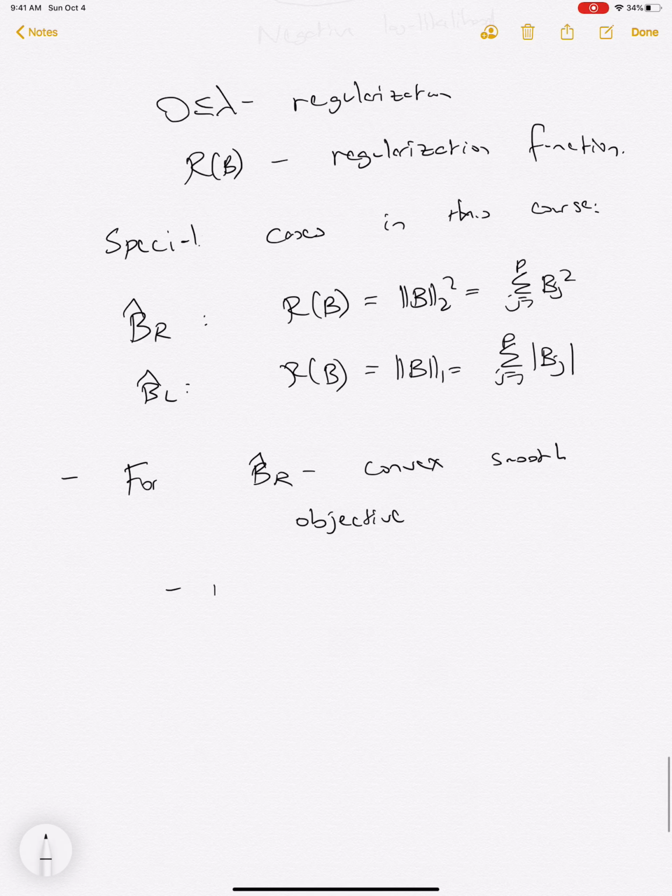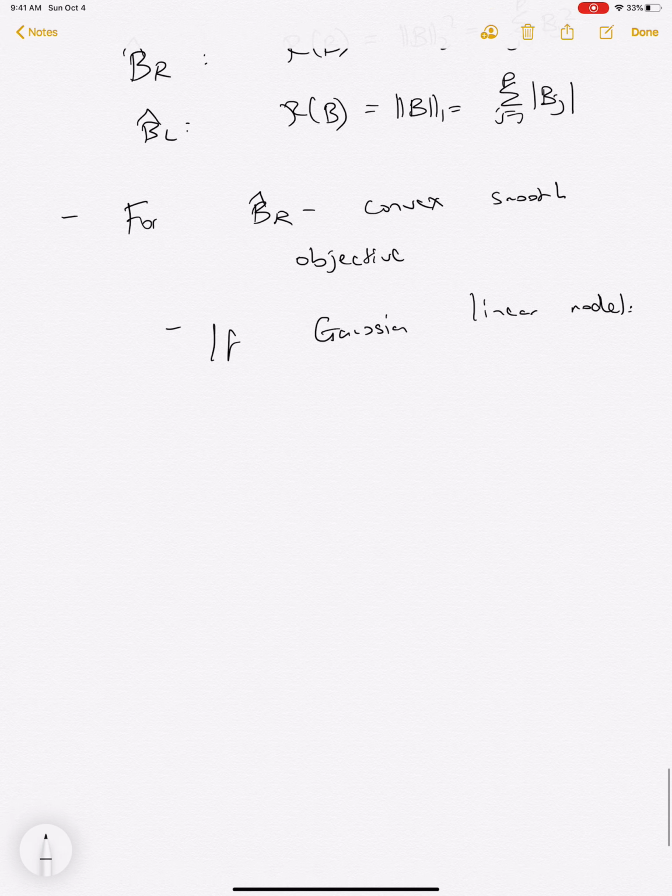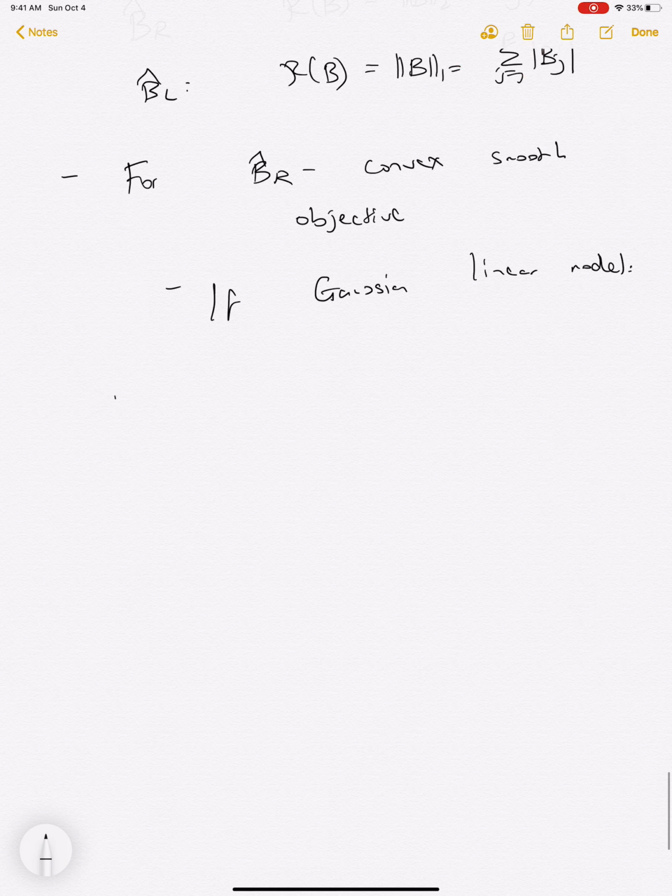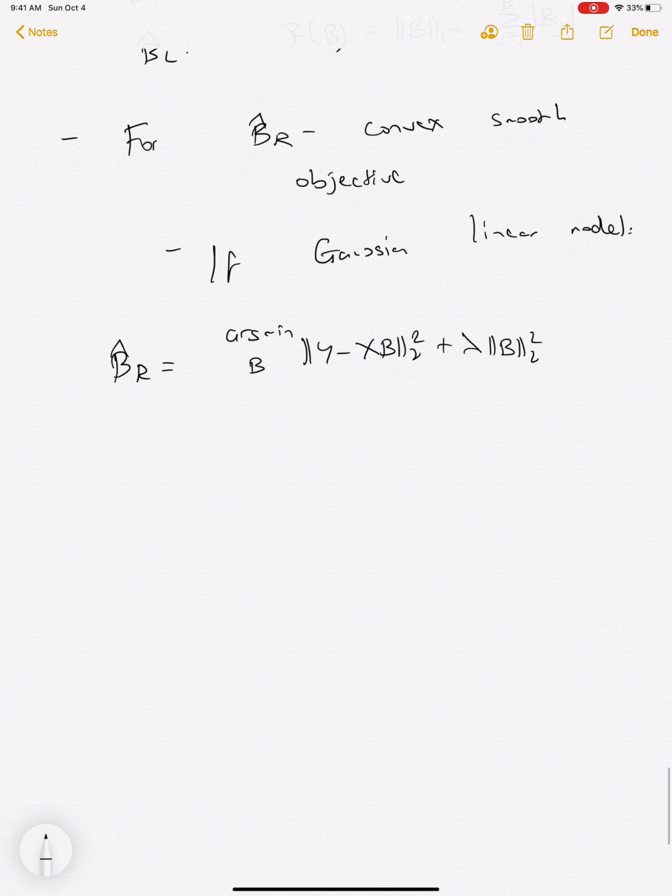So if we have a Gaussian linear model, then we have this expression, and we know that beta hat R has a closed form.